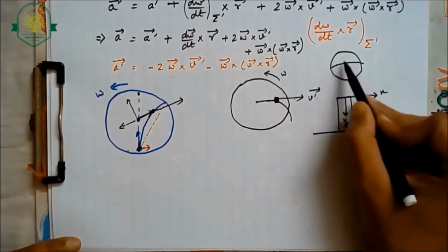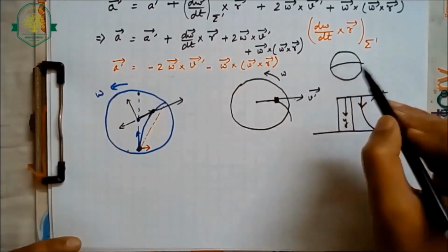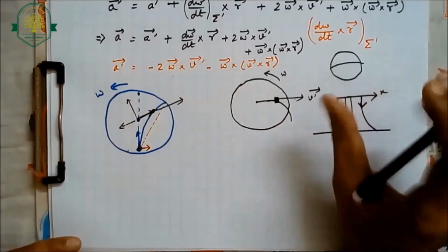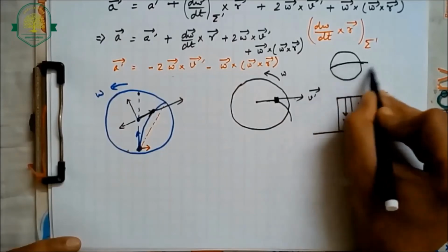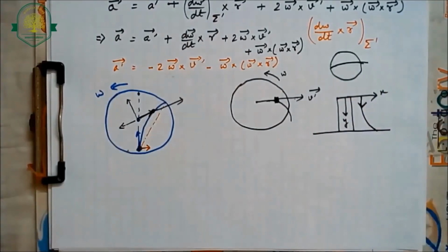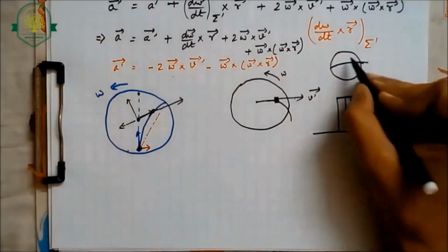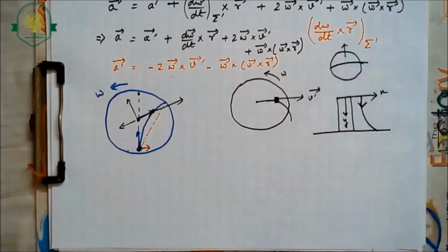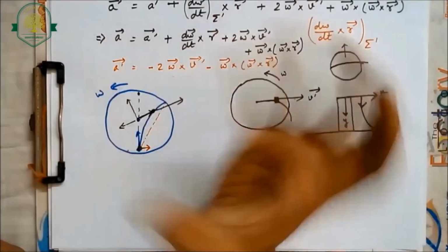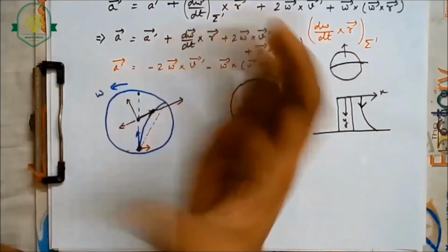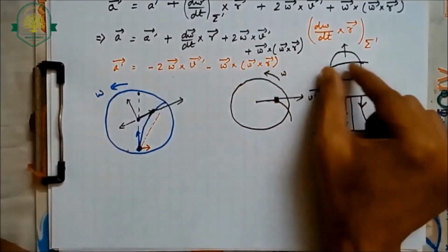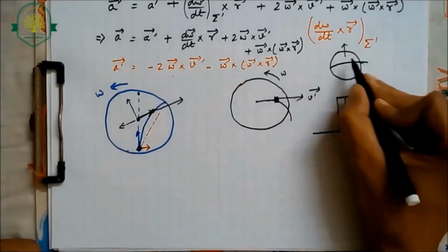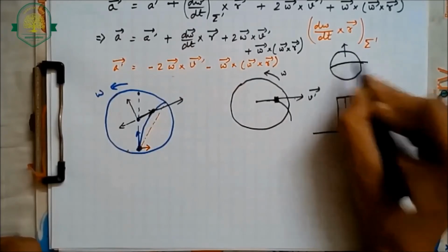say this tower is on the equator, and as the earth rotates from west to east, the earth is rotating in this direction with an angular velocity of omega. So the direction of omega is actually, in this diagram, in the upward direction. So if I imagine my earth to be like this and the earth is rotating like this, the omega is in an upward direction, and the tower is situated on the equator in a way like this.